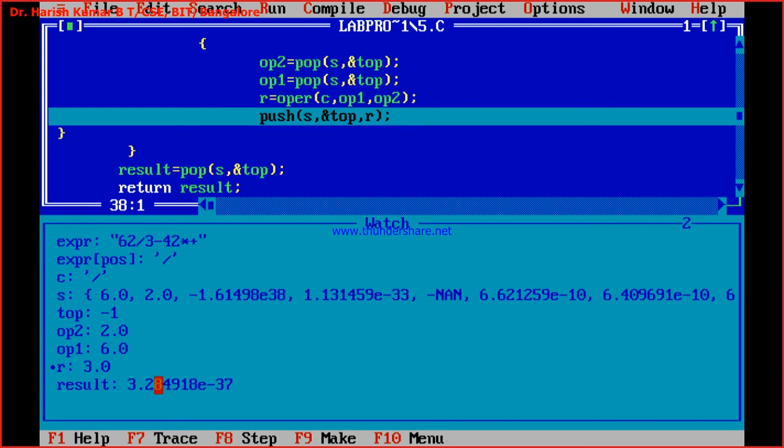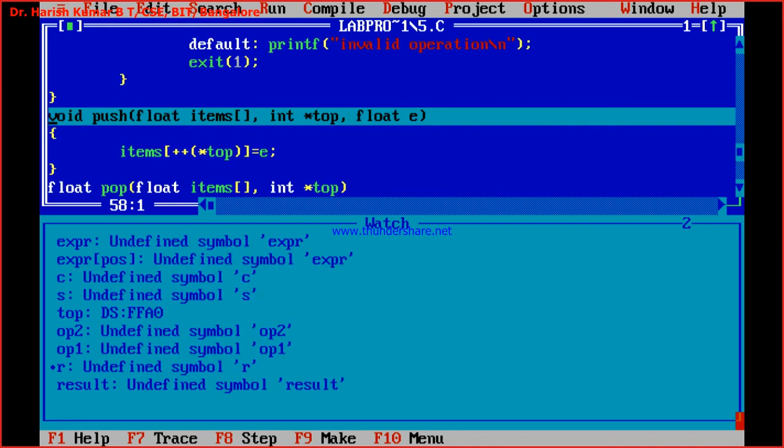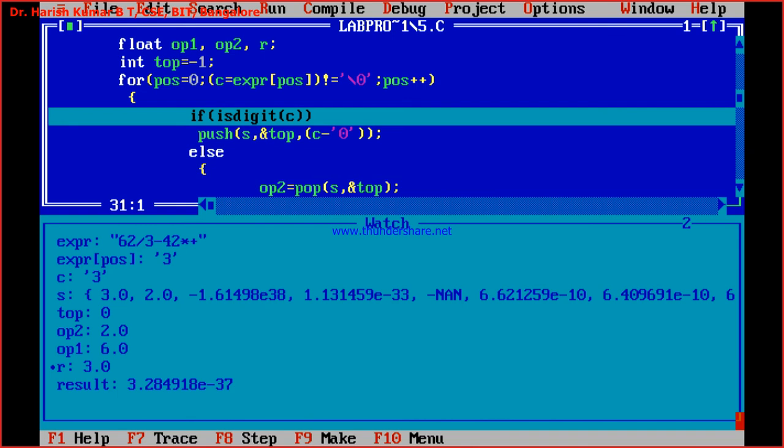Okay, is it clear now? Yes, sir. R is the result. It is 3.0. Earlier it was showing 6.0 because I think I pressed the wrong key on the keyboard. Now, what we do with this, we push this onto the stack again. So 3.0 is pushed onto the stack because the top was -1, now it becomes 0.